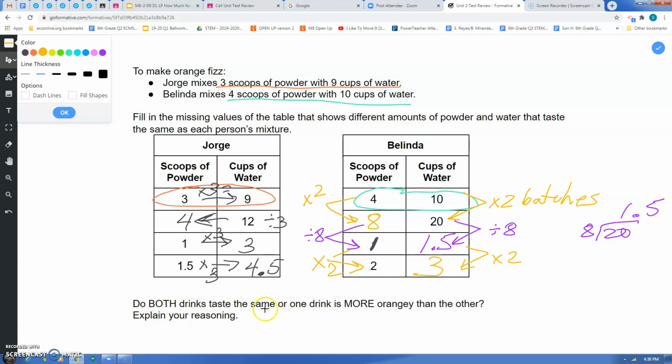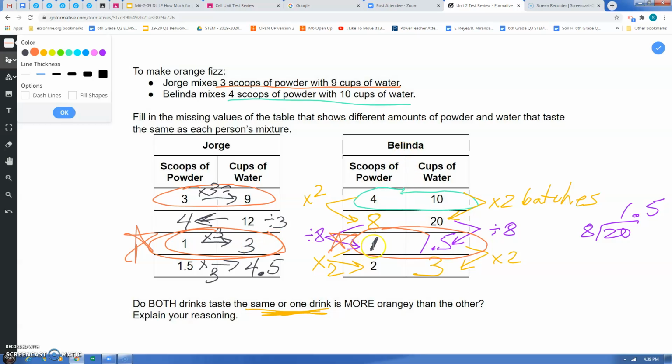So, does the drink taste the same? Or is it different? So now there's several ways to do this. One way is compare this one right here. So this one right here, 1 powder for Jorge, 3 water.